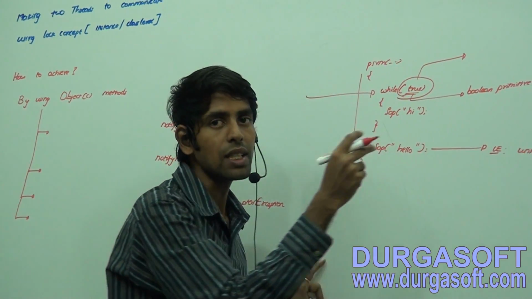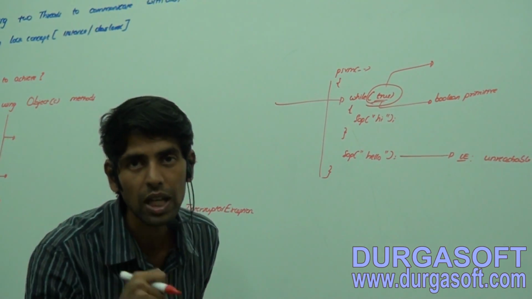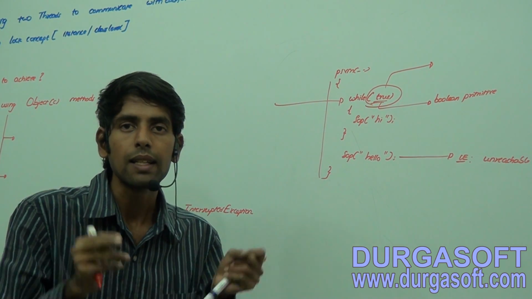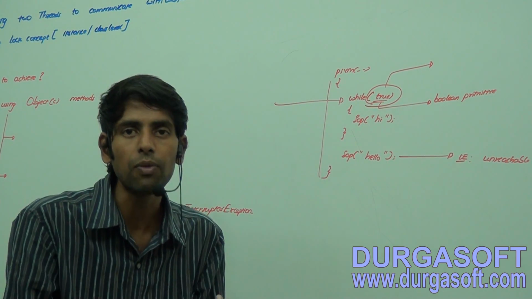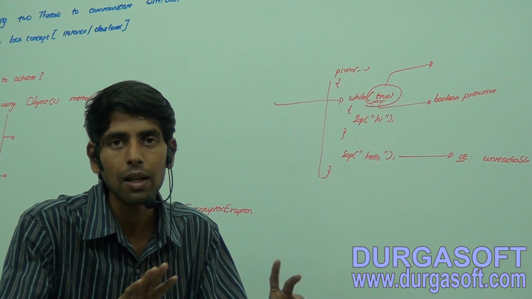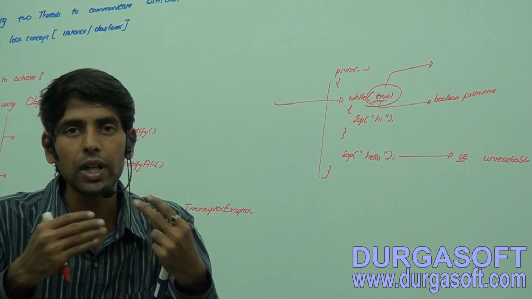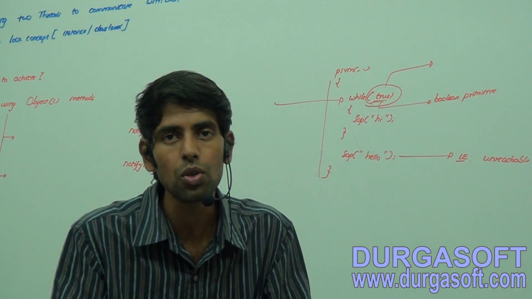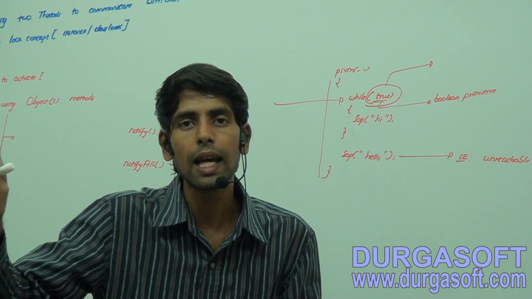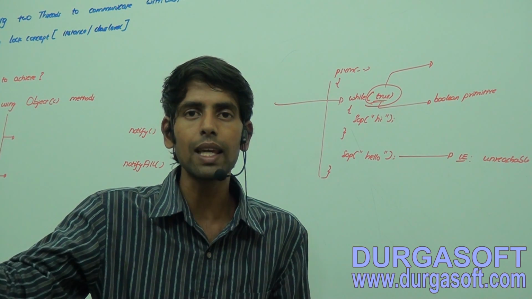Constant means the compiler has knowledge about it. If I know it, I am going to evaluate it. If I don't know, I am going to put it as it is and generate the bytecode. So the JVM takes care of that at runtime, and it gets resolved at runtime.